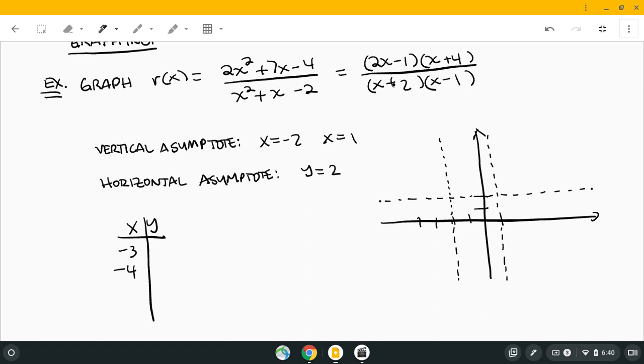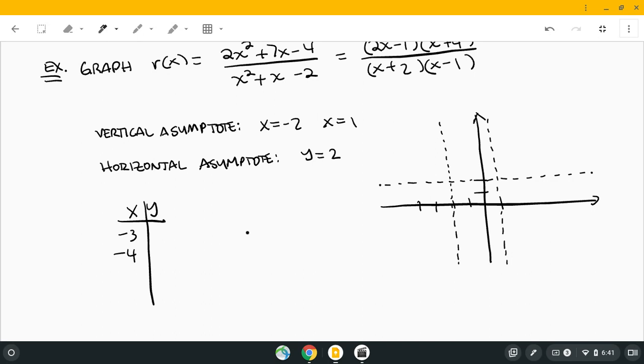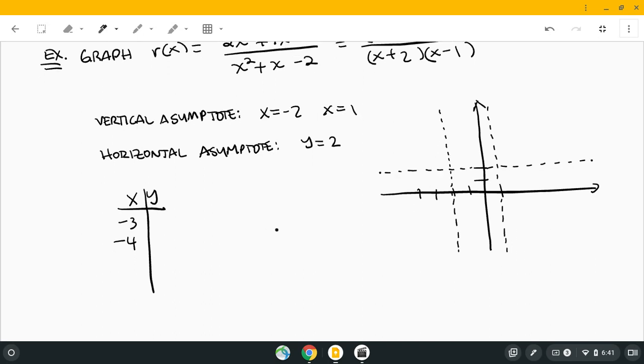Either place is fine. They're both the same function. Plug that into your calculator, and we get -1.75. Okay, so -3 and then -1.75.